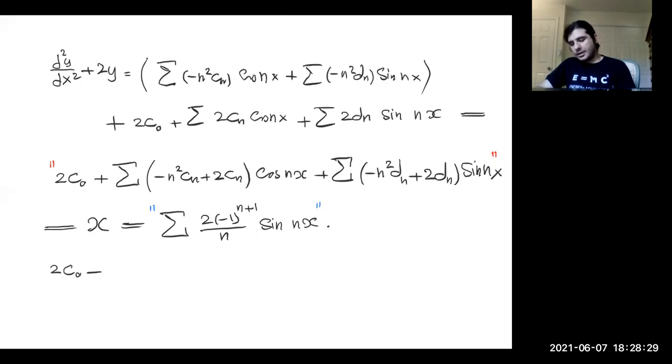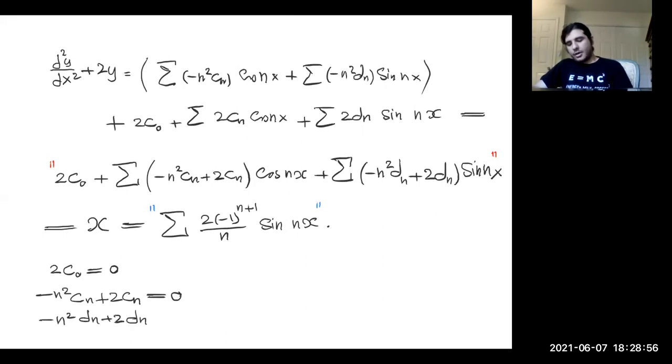On the right-hand side, the constant is 0. On the left-hand side, the coefficient of cosine of nx is equal to minus n squared Cn plus 2Cn. On the right-hand side, the coefficient of cosine nx is equal to 0. On the left-hand side, the coefficient of sine of nx is equal to minus n squared dn plus 2dn. On the right-hand side, it is equal to 2 times minus 1 to the n plus 1 over n.